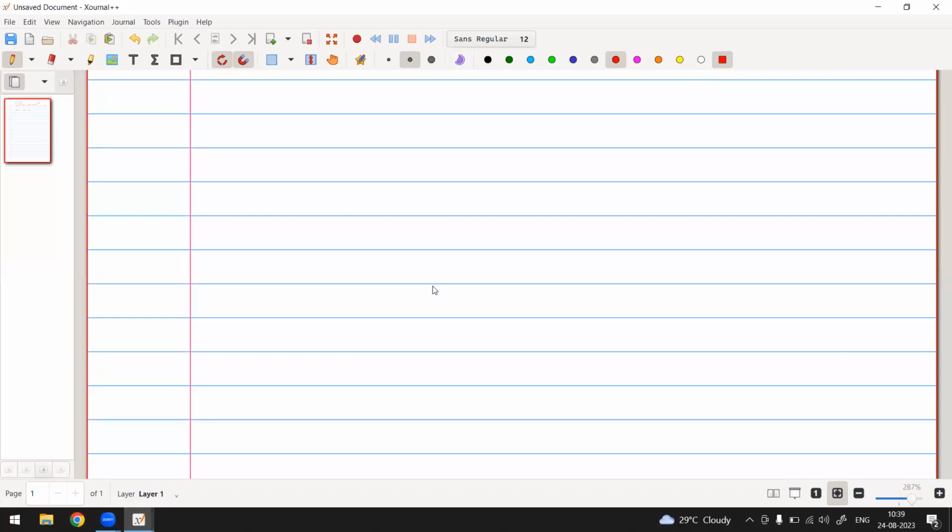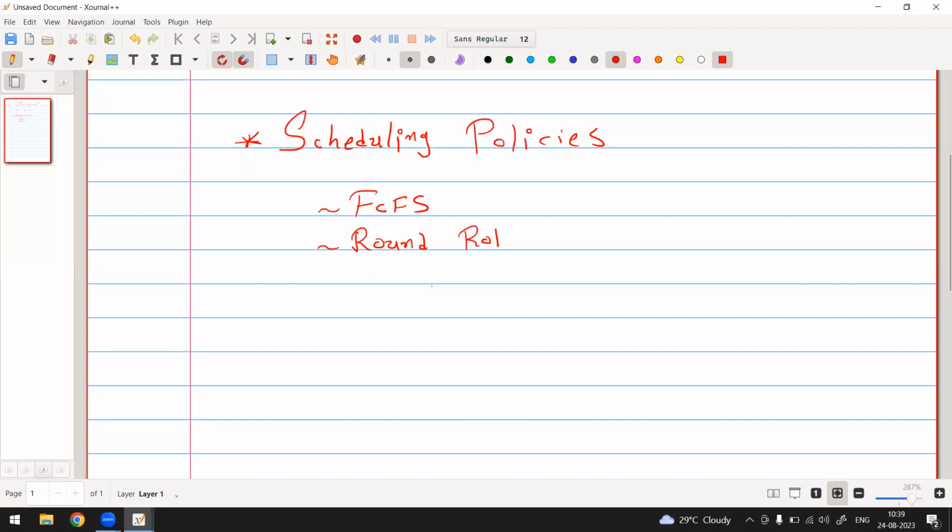Now we are going to learn certain operating system scheduling policies. So let's see an overview of which kind of scheduling policies we are going to see. Our first scheduling policy will be FCFS, that is first come first serve. Then we will see round robin.